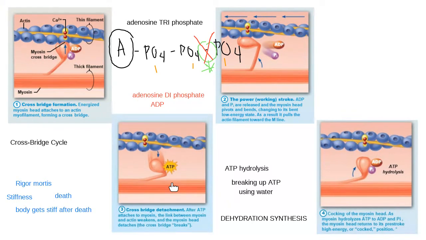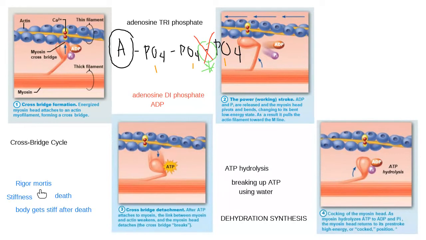That would be really creepy. When you die, you stop making ATP. The way that your body makes ATP is we use oxygen that we breathe in, and we make a lot of ATP using that oxygen. When you die, you stop breathing, you stop making ATP.